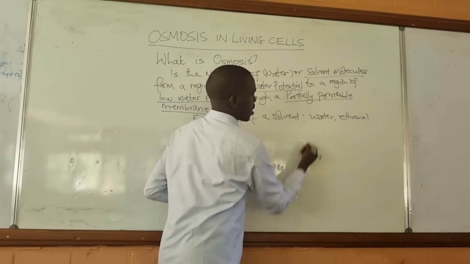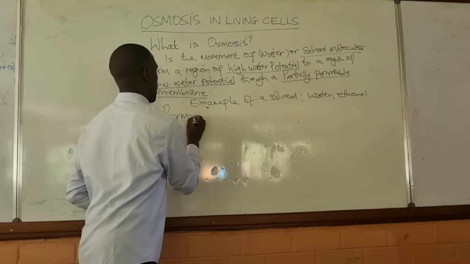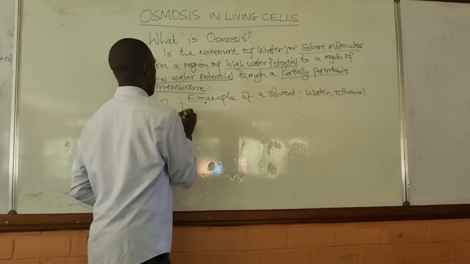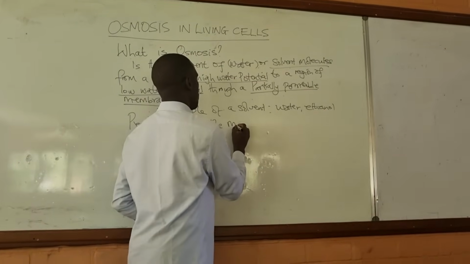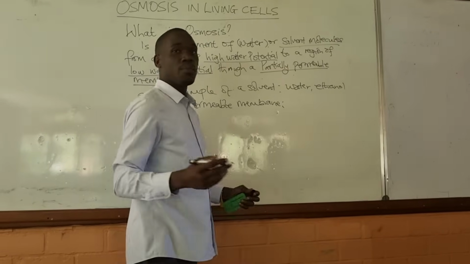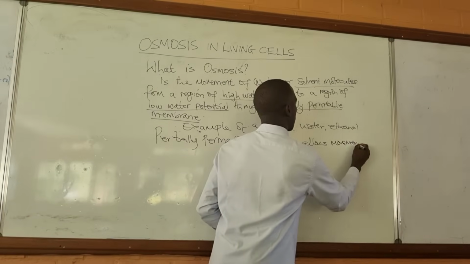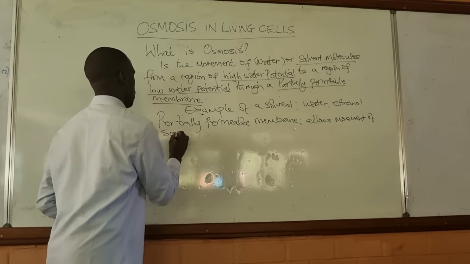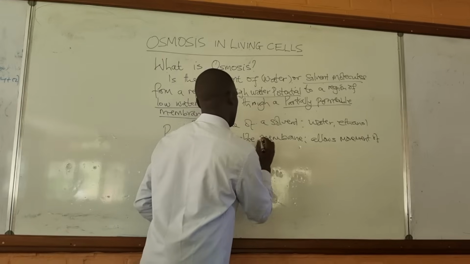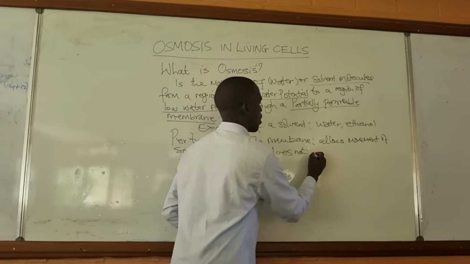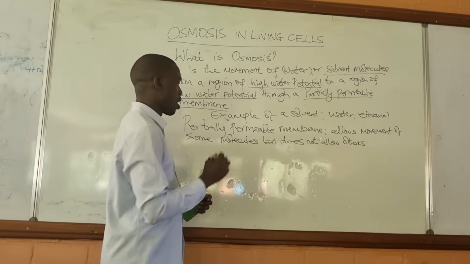So, how about a partially permeable membrane? A partially permeable membrane allows movement of some molecules, but does not allow others. Take for example the cell membrane.